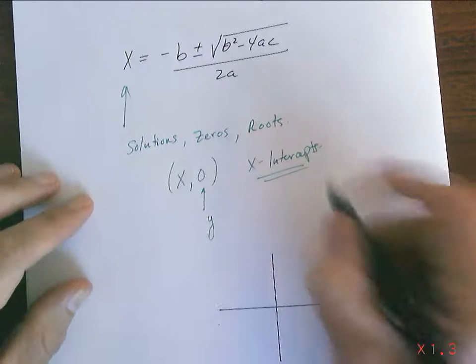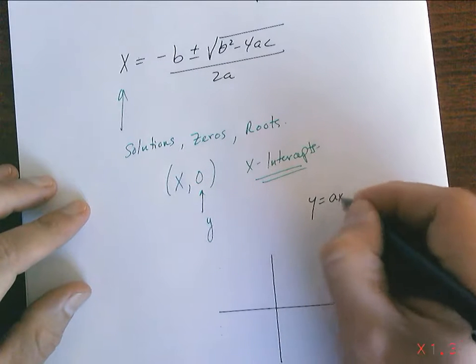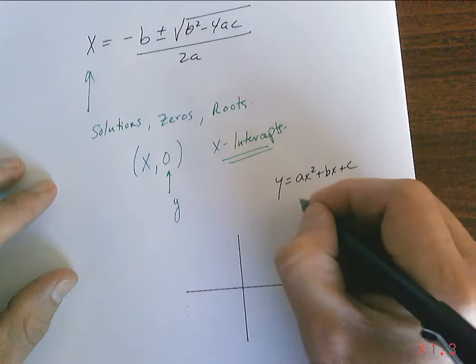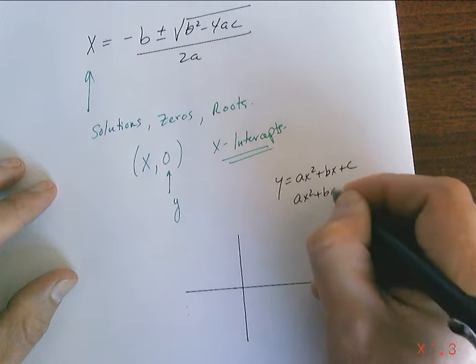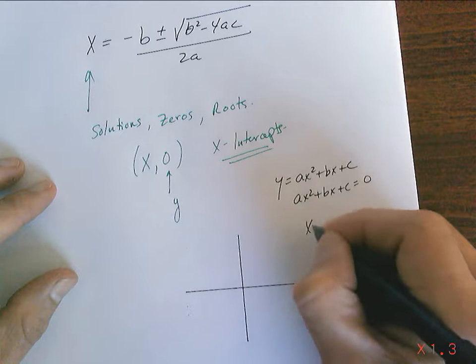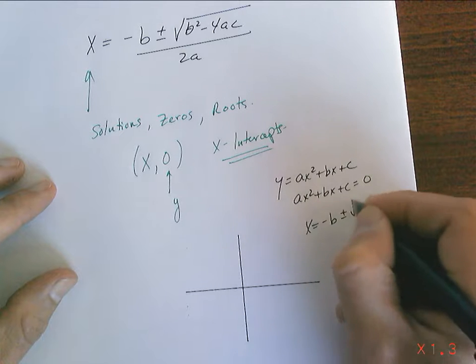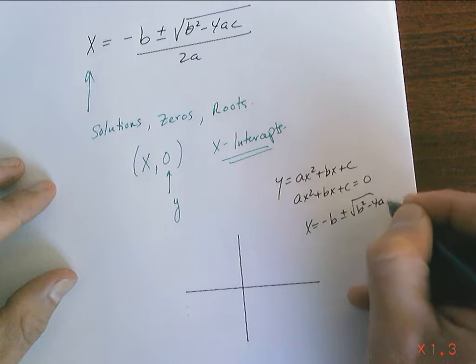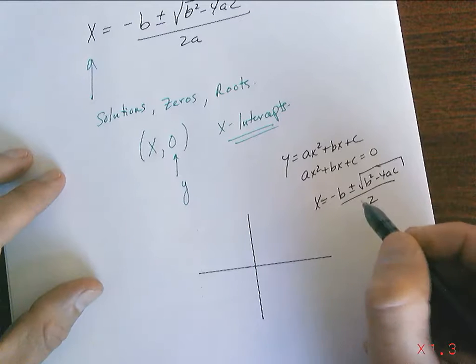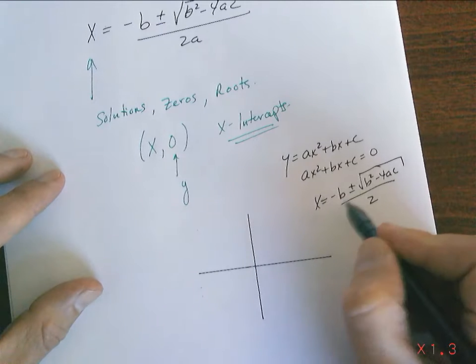Okay, so I've got a parabola, y equals ax squared plus bx plus c. I set y equal to 0, and I use the quadratic formula. And I've got two values of x. One of them is when I add, the other one's when I subtract.